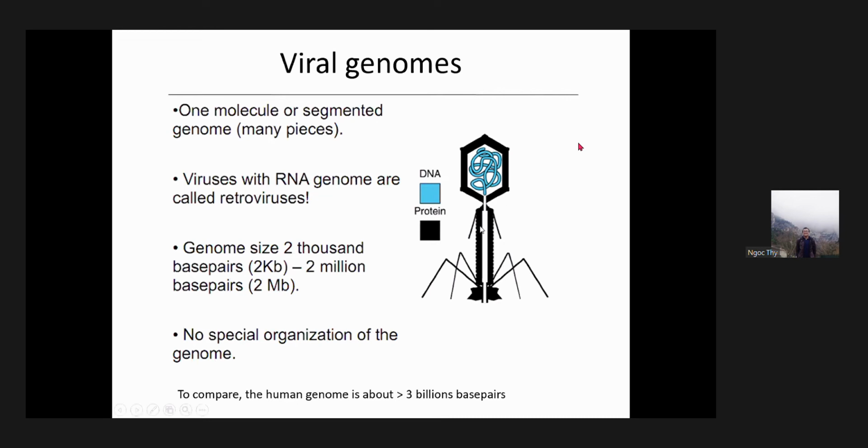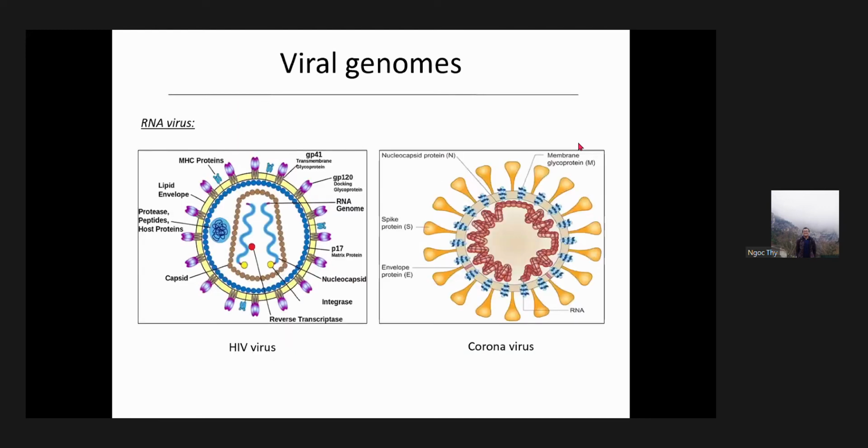So just to compare numbers, the human genome is about 3 billion base pairs.